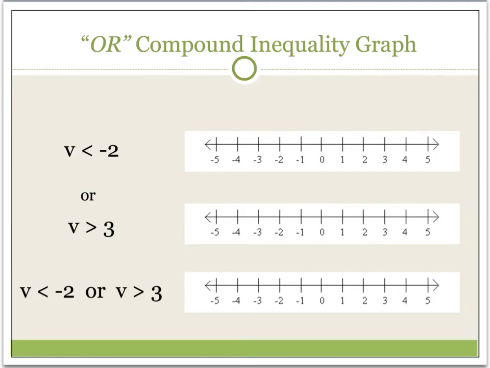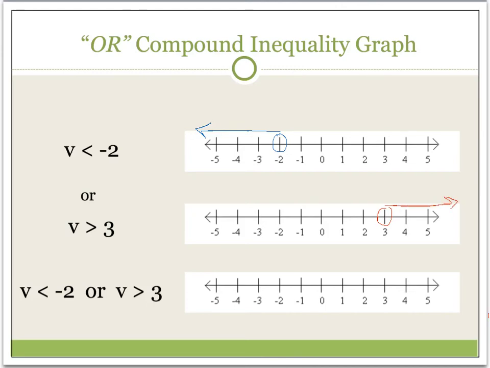V is less than negative 2 would be an open circle at negative 2, and you would go to the left to get less than negative 2. The second one, v is greater than 3, has an open circle at the 3, and a line going to the right to be greater than that.